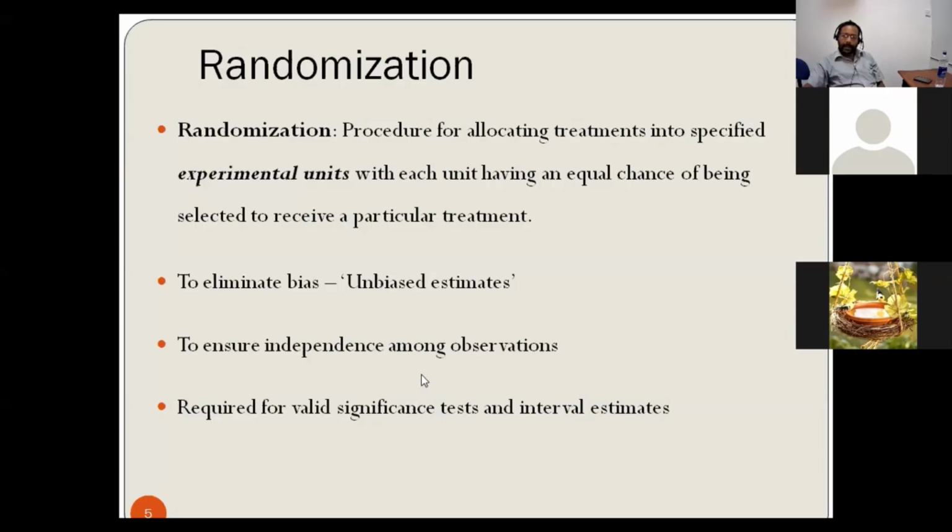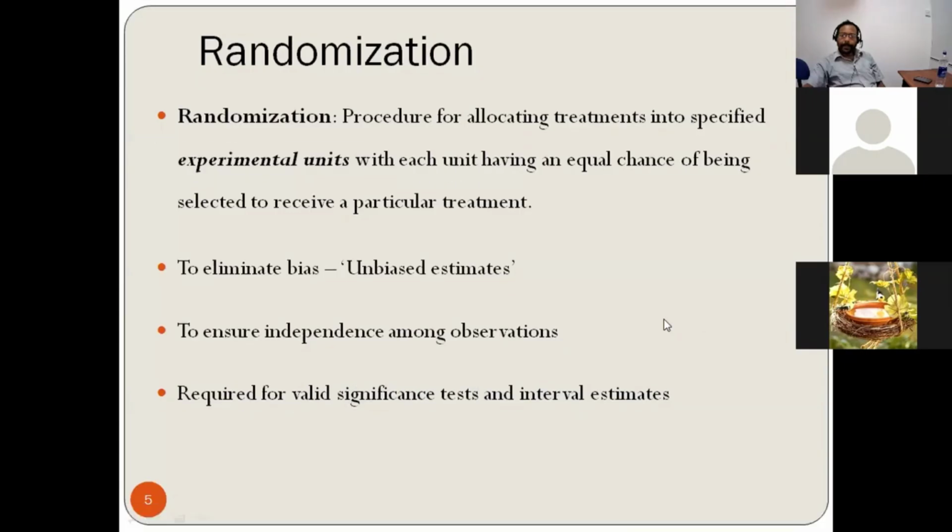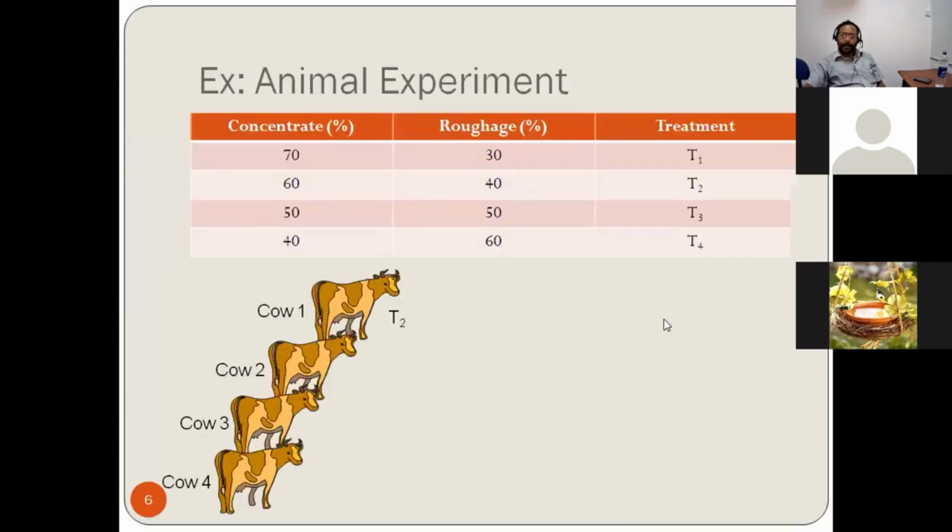All these tests are based on valid estimates. If you have a valid estimate, then we can have a proper, valid significance test as well. And we can formulate intervals also. Confidence interval, can you remember? Yes, we can formulate confidence intervals also. This example we have seen.